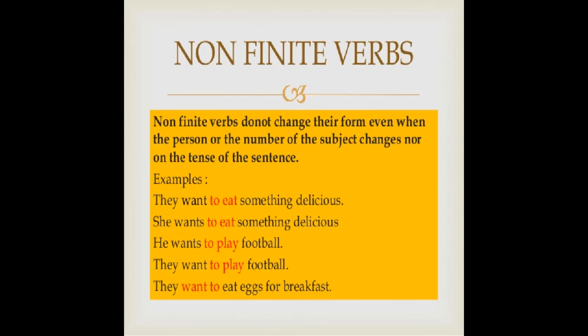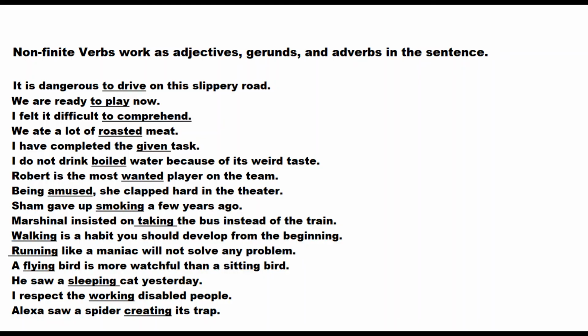Now, here is an example. Non-finite verbs can be adjectives, gerunds, and adverbs. You are going to see in this sentence: it's dangerous to drive on the street. You can see it's an infinitive there. We are ready to play now. Again, infinitive. I felt difficult to comprehend. Again, infinitive. The main verb is also already there in the sentence: felt.